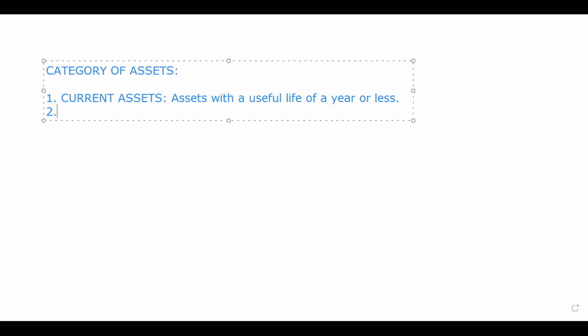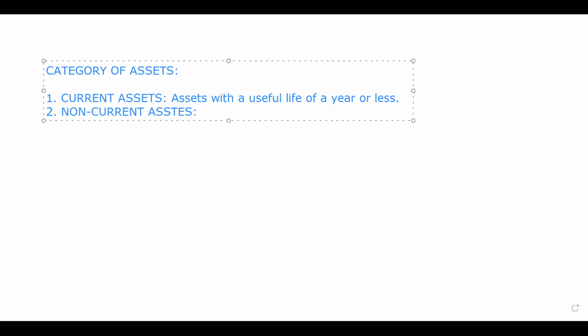So you've got current assets, which can be defined as assets with a useful life of a year or less. So in other words, their useful life should never exceed 1 year. Then you would have what you call non-current assets.